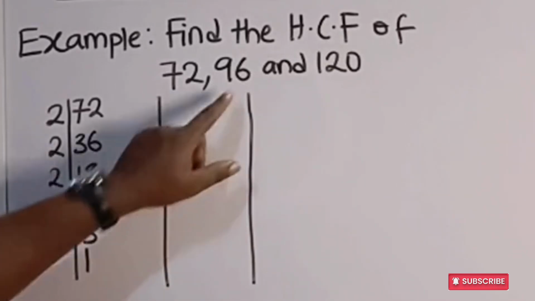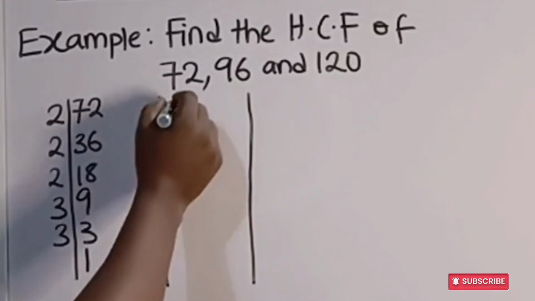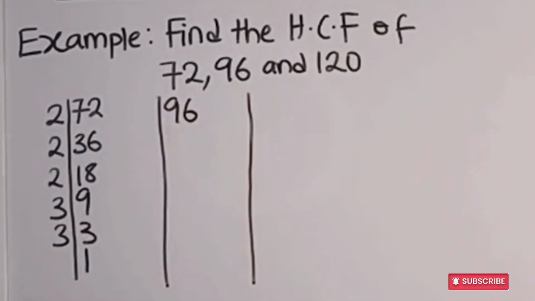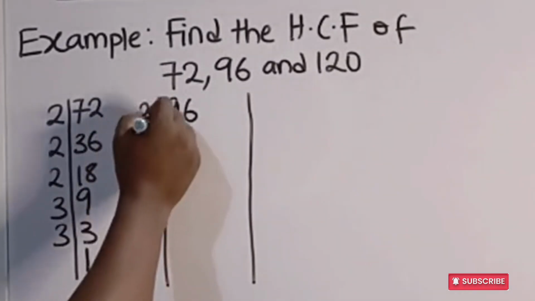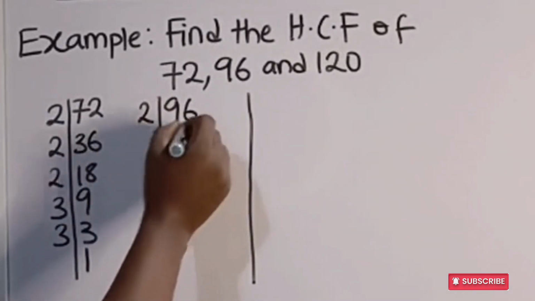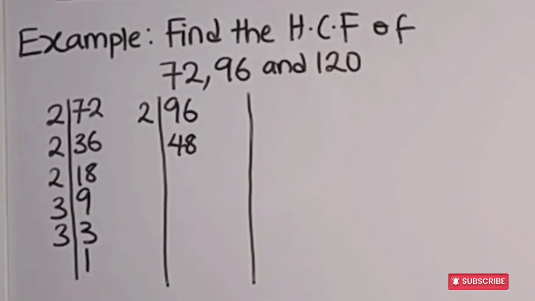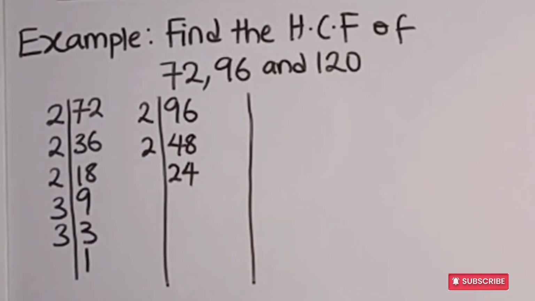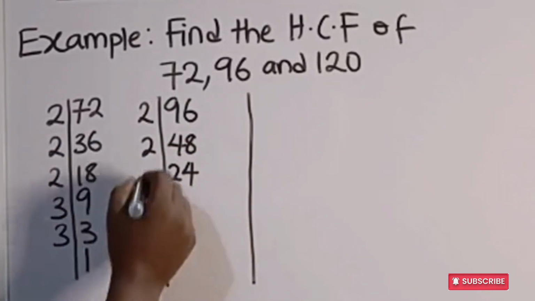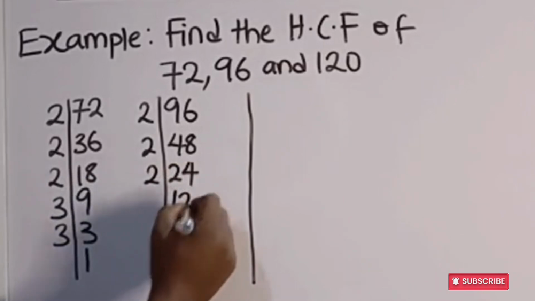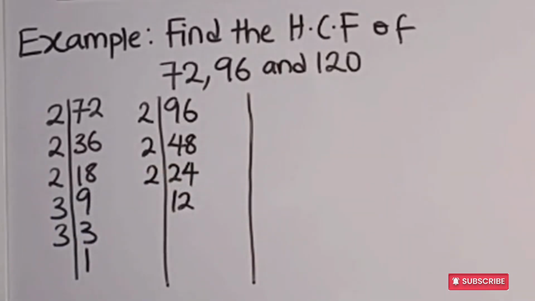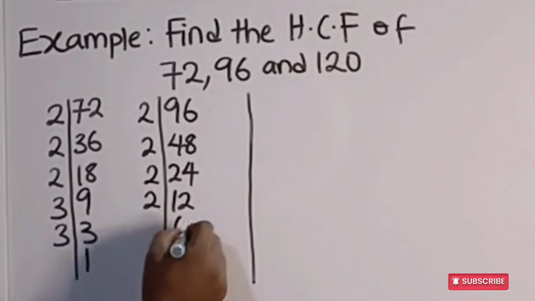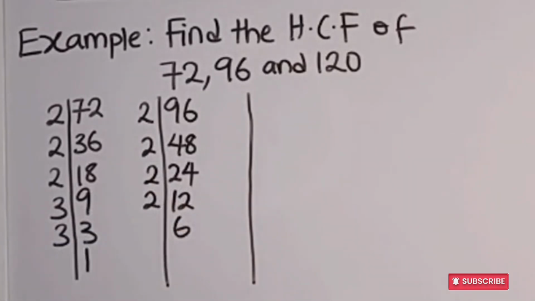So next we break down 96. So 96 divided by 2 is going to give us 48. 48 divided by 2 is going to give us 24. 24 divided by 2 is going to give us 12. 12 divided by 2 is going to give us 6. 6 divided by 2 is going to give us 3.